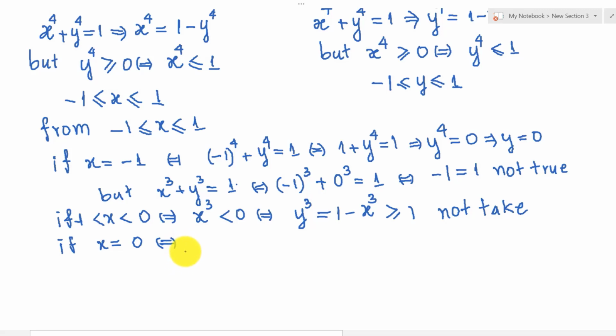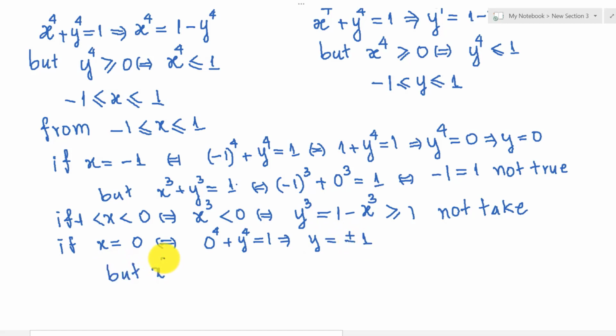so I get 0^4 + y^4 = 1, so y is equal to plus or minus 1.